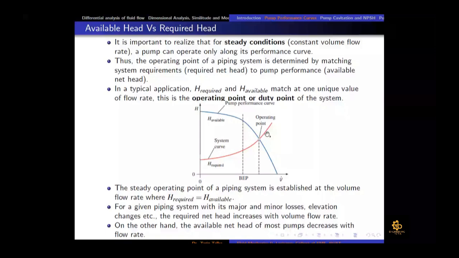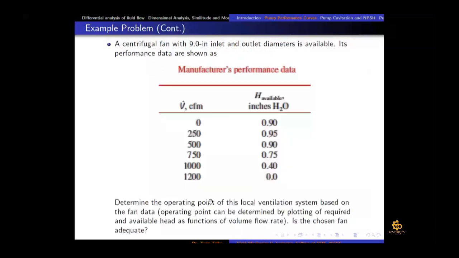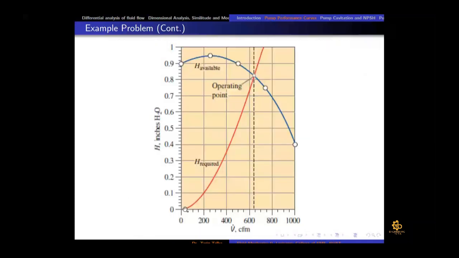Let me show you the curve which has the data given to us, and the next curve, if you see here, needs to be determined. It can be determined by calculating H required at different volume flow rates, like at 200 cubic feet per minute, 400, 600, and 800.